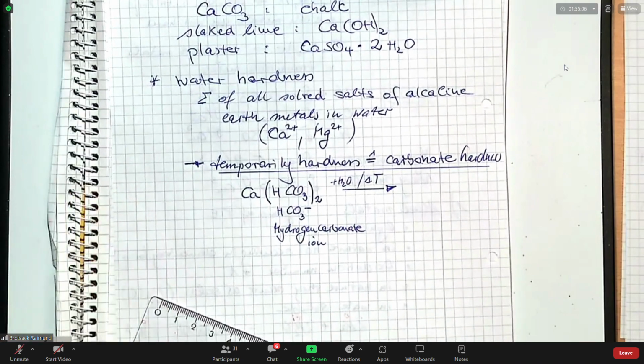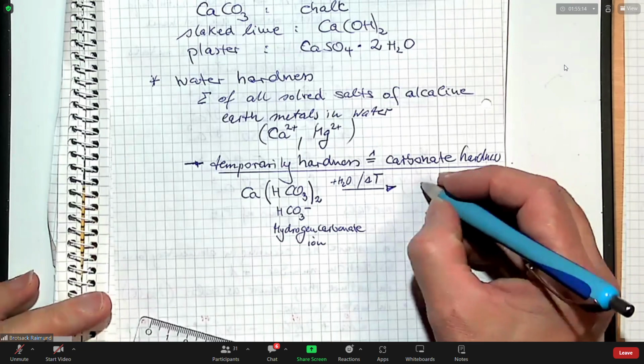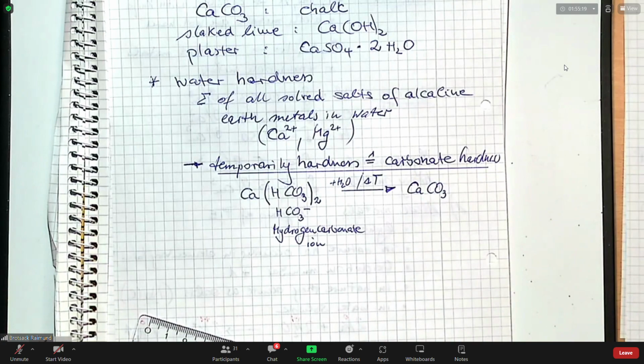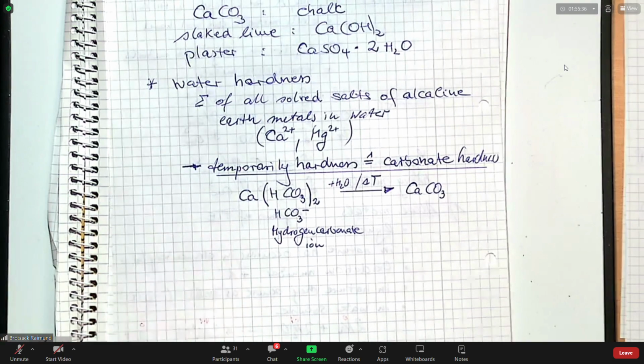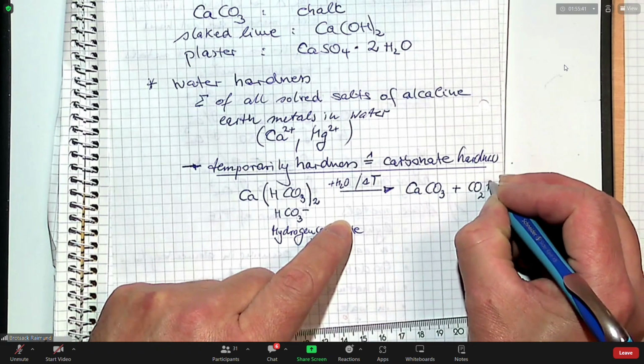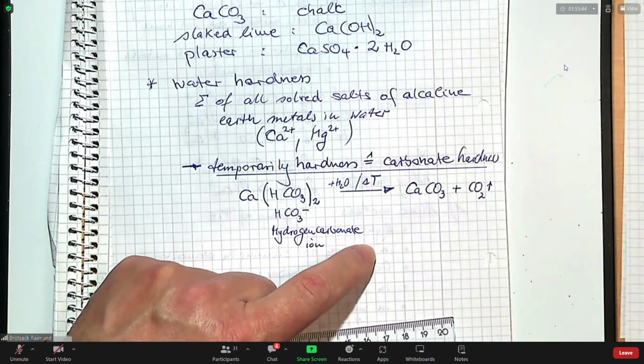Then automatically a process happens. And we have the formation of calcium carbonate, CaCO3. The carbonate, of course, when we take away the proton here, then we have 2- remaining charges. So then we have a 1-to-1 ratio to the carbonate, the CO3 2-. And CO2 is emitted as a gas.